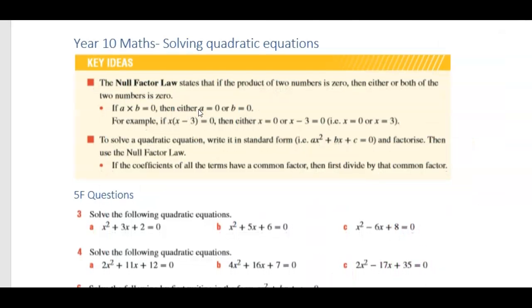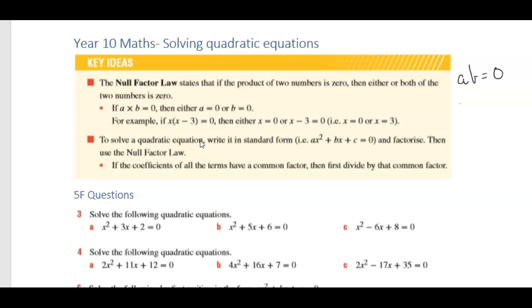All right, so the null factor law is basically a fancy name for saying that if two or more numbers are equal to 0 when you multiply them, then one of them or all of them have to be equal to 0. Even though it's written there, I'm going to show you on the side here. If we had two numbers, let's call them A and B, and that was equal to 0, it means that one of those numbers has to be equal to 0.